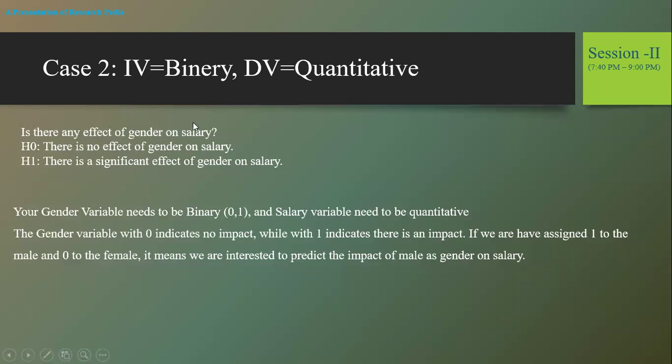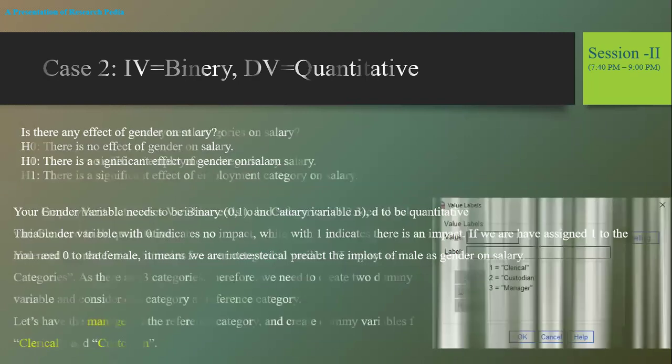So what is the effect of gender on salary? It is a binary case. You need to create your gender variable in the same way that I have created that variable, and find out whether gender really impacts salary, whether it is increasing or decreasing the salary.